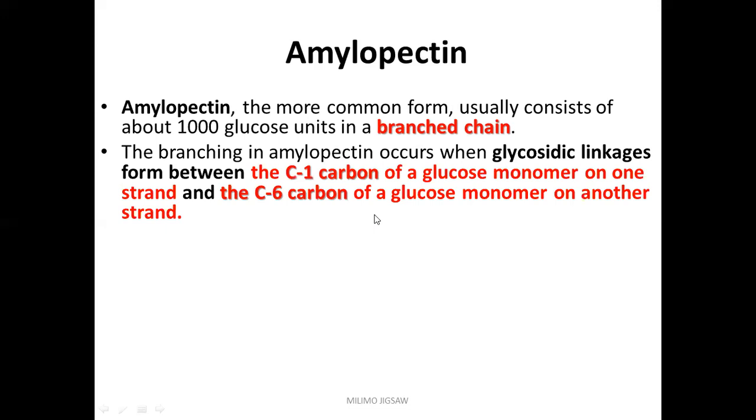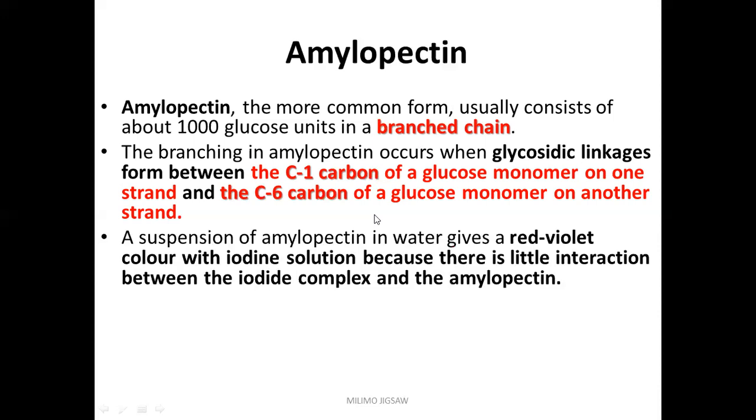So this means that we are going to have 1,6 glycosidic linkages together with 1,4 glycosidic linkages in amylopectin, unlike amylose, where we only have 1,4 glycosidic linkages.